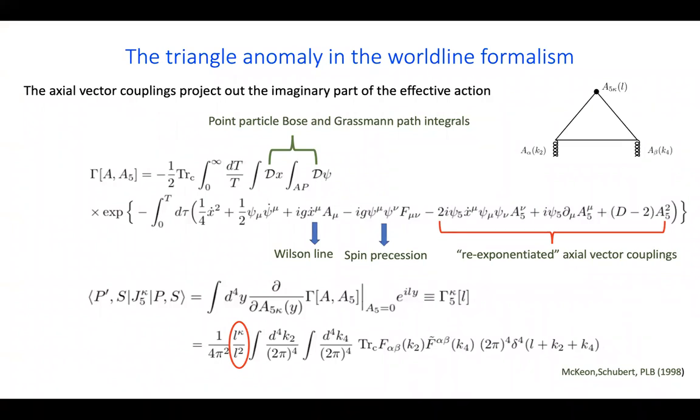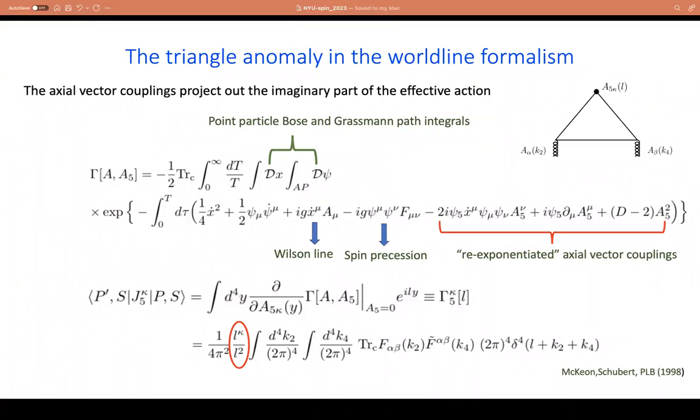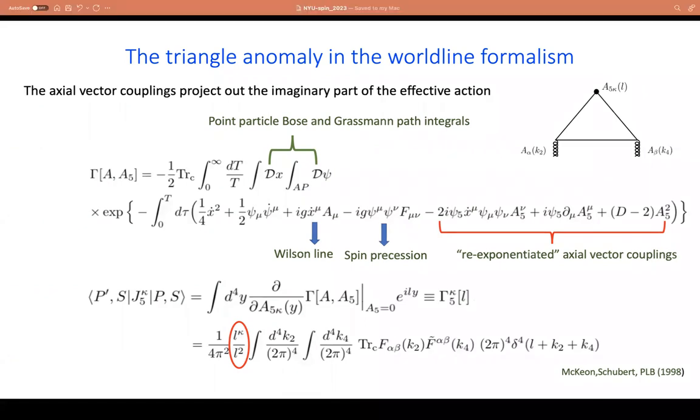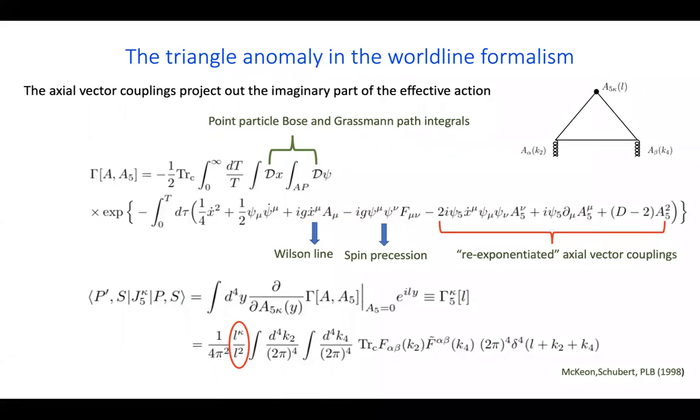And now I've taken the terms for the measure and re-exponentiated them in this fashion in terms of these A5 fields. So if I turn off the background axial vector field, then these are just 0. Now, if I take the functional derivative of this object with respect to A5, that's nothing but this isosinglet current as it couples to A5. And if I set that equal to 0, this is my anomaly result. Okay, so this is a very beautiful, simple way to derive the anomaly equation just using this worldline formula.